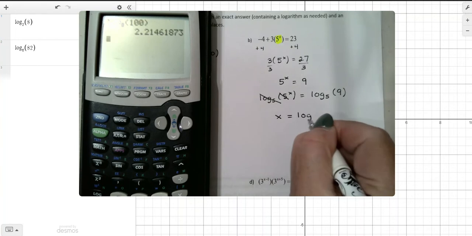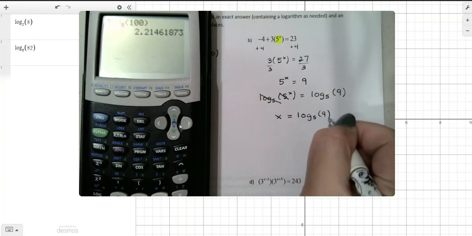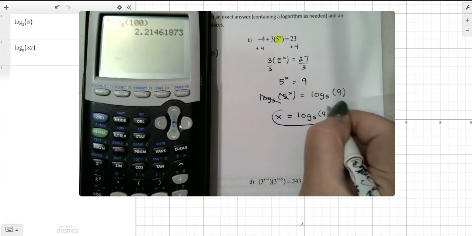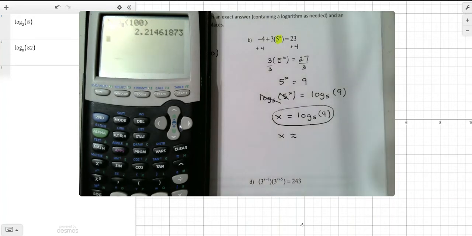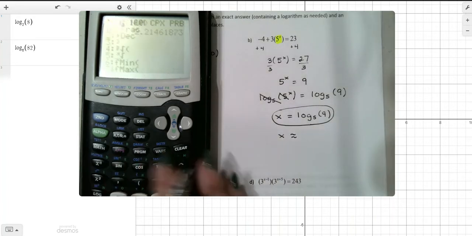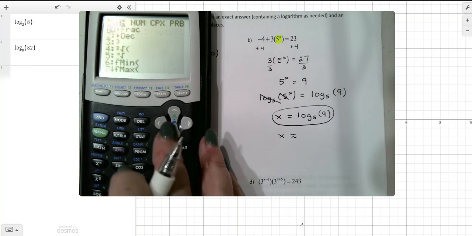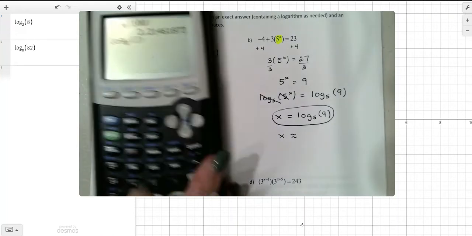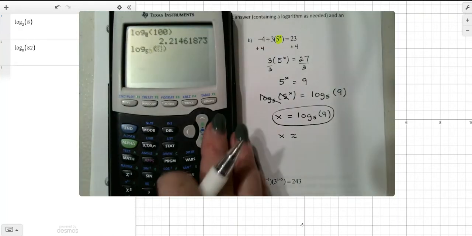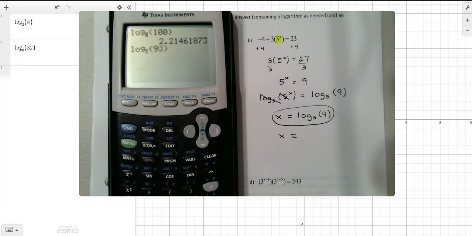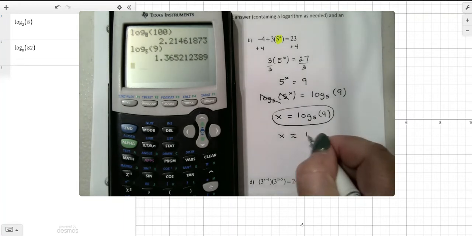And that is the exact answer. If I want to turn that into a decimal approximation, that would be the log base 5 of 9. That's about 1.365.